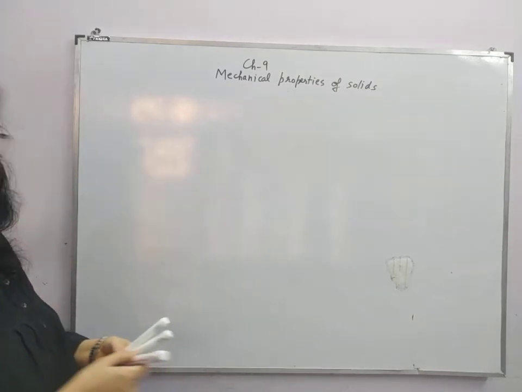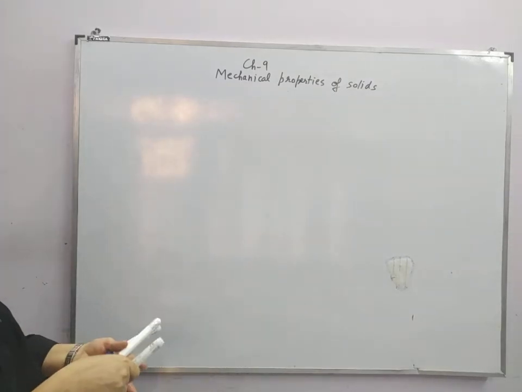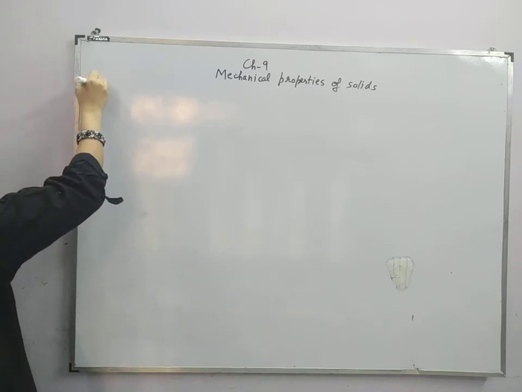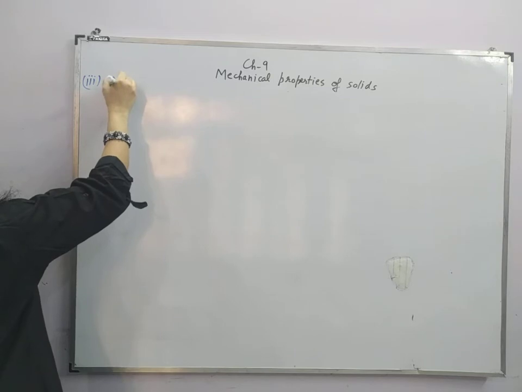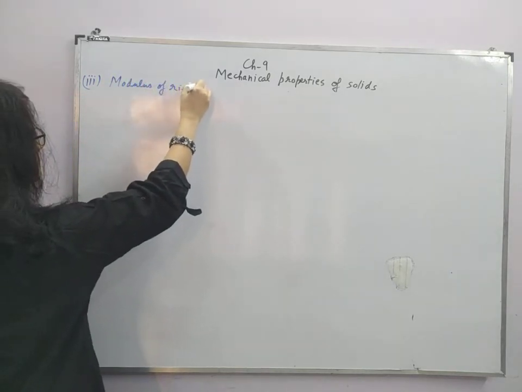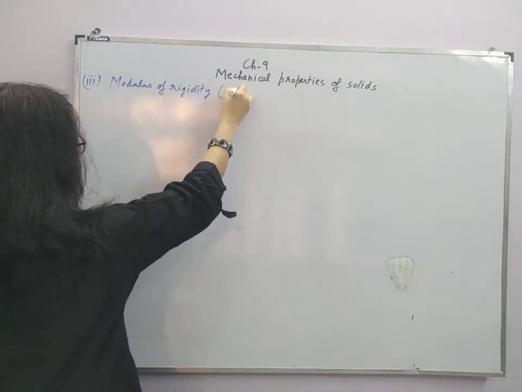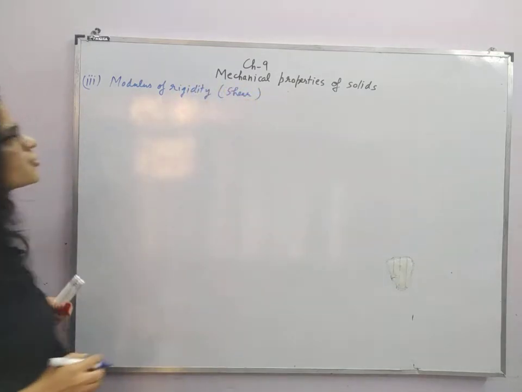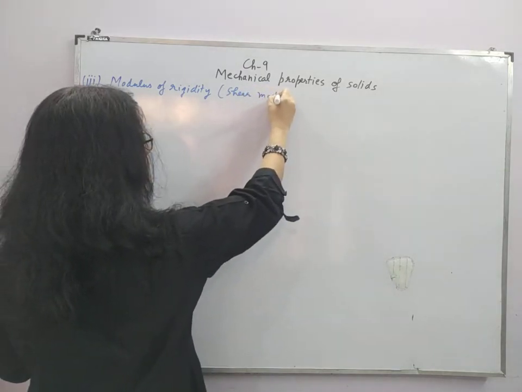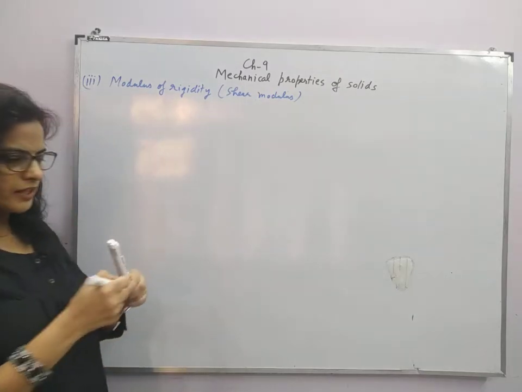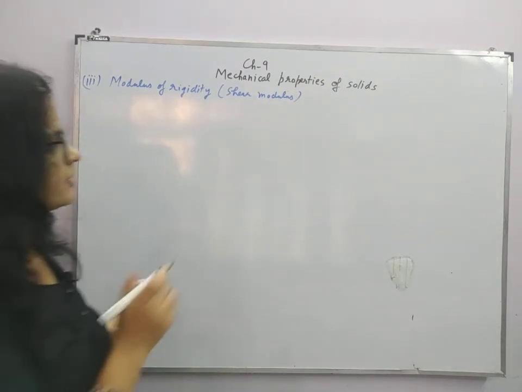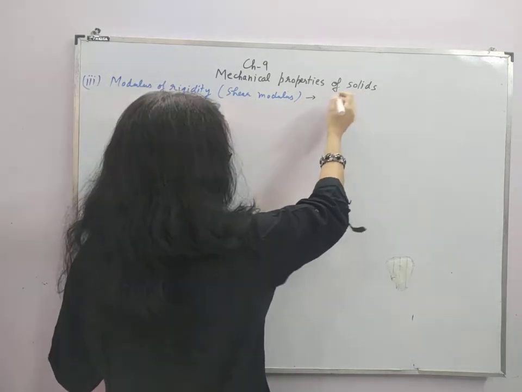So the third modulus of elasticity is modulus of rigidity, or you can say the shear modulus. This is also called shear modulus. So within elastic limits, the ratio of tangential stress to shear strain is called shear modulus.